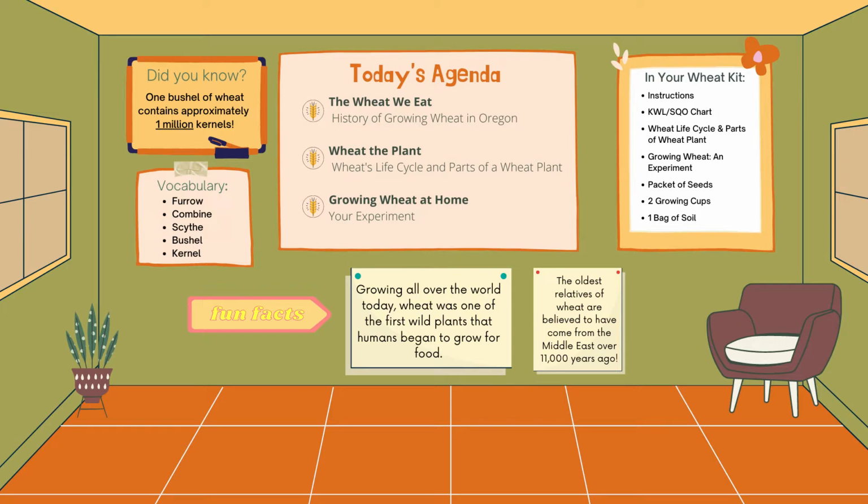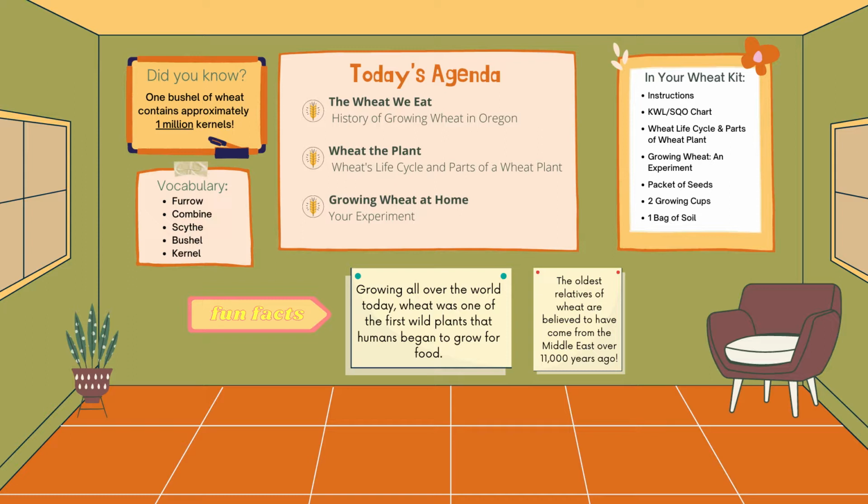First, I want to share with you our daily agenda. Our agenda is in the middle of our little make-believe classroom, and it tells us what we are going to be learning about today. We're going to begin by discussing the wheat we eat, foods that contain wheat, and then we'll go into talking about a short history of growing wheat in Oregon.